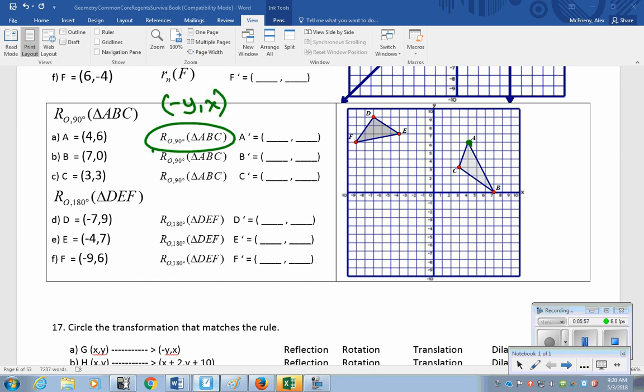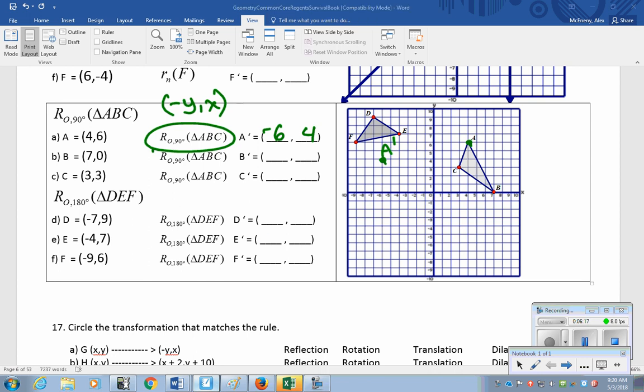So we switch the order and change the sign of the first one. So the next point A prime would be -6, 4. And then just make sure, again, when you put the point in, that you label it correctly with the prime to say that it's different than the original one.